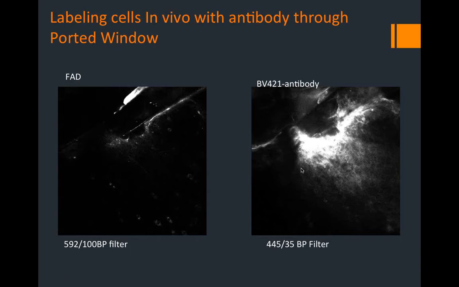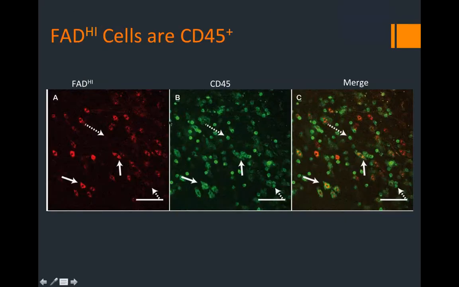And so the first antibody that we used was CD45, which is a broad immunogenic antibody that labels all immune cells. What we found was by injecting this with brilliant violet, we could actually see co-localization. So here's an image of a cell that is bright in FAD and bright in CD45, and they're co-localized.